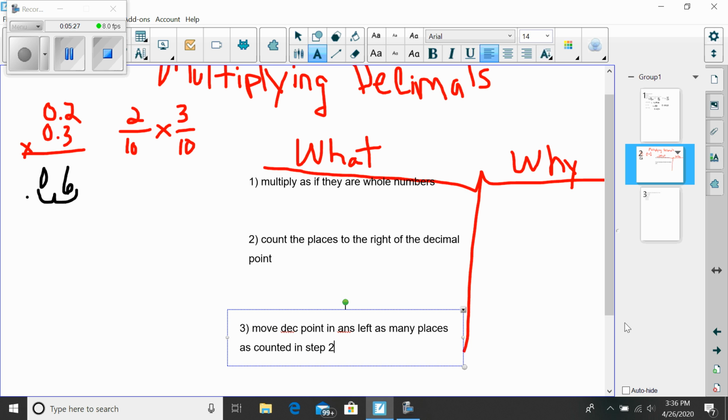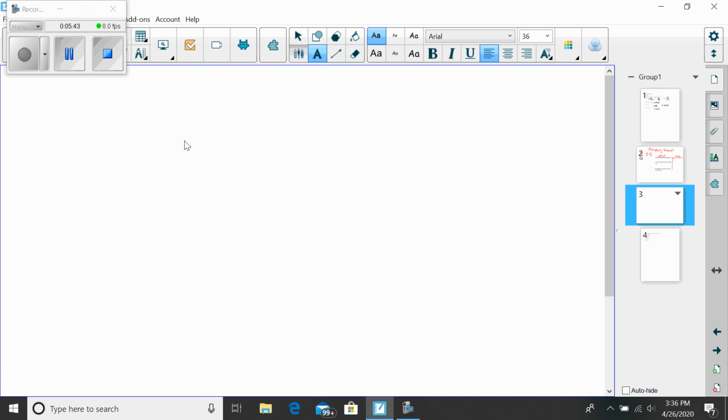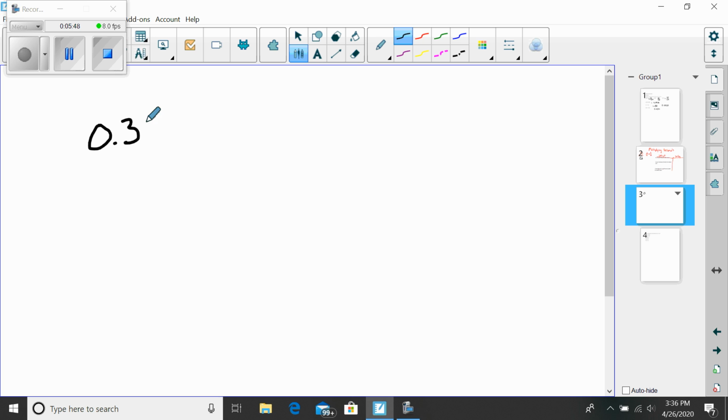Okay, so now we have to go over to the why section. So let's take a look at another problem that's a little bit more difficult than this one. So let's look at the problem, say, let me get a nice clean piece of paper too. Let's look at 0.318 times 4.2.